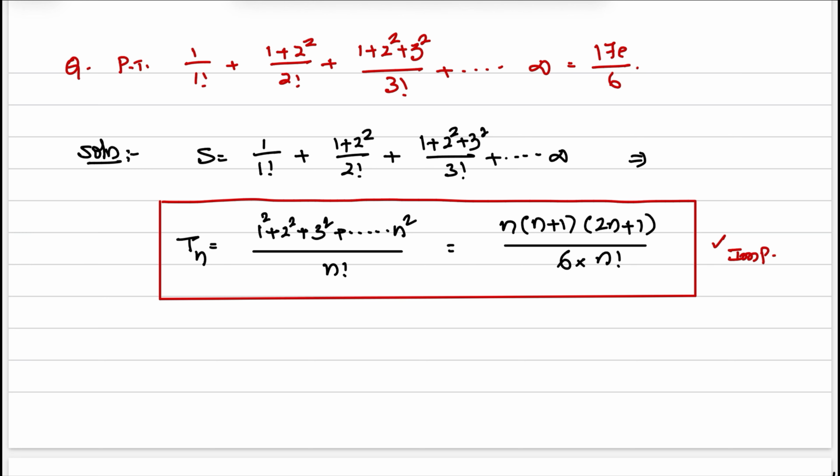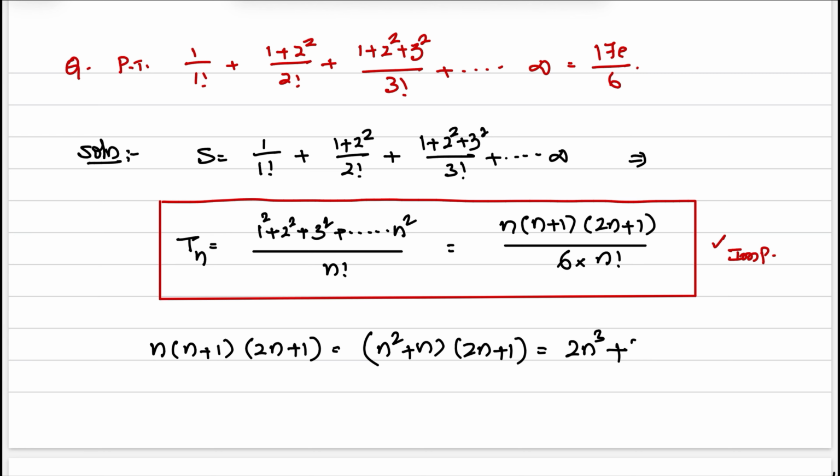Now, what will be the sum? For example, we will expand this numerator. n into (n plus 1) into (2n plus 1) is equal to (n square plus n) into (2n plus 1). That is equal to 2n cube plus 2n square plus n square, which is 3n square, plus n.